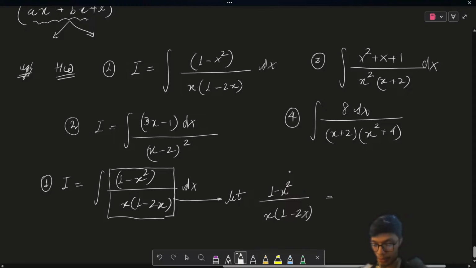So I can split this as some a by x plus some b by 1 minus 2x.